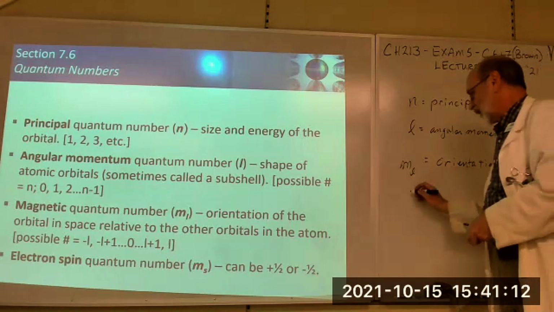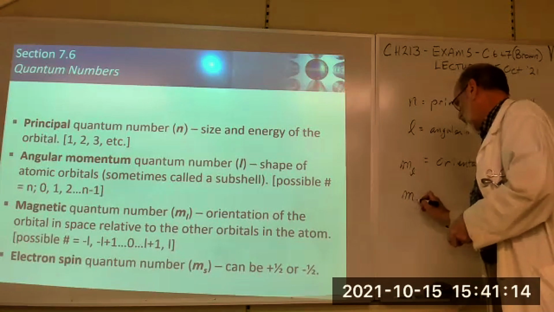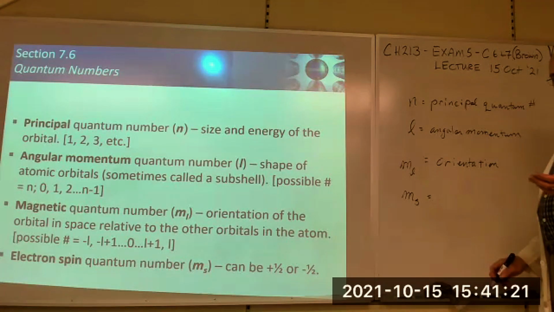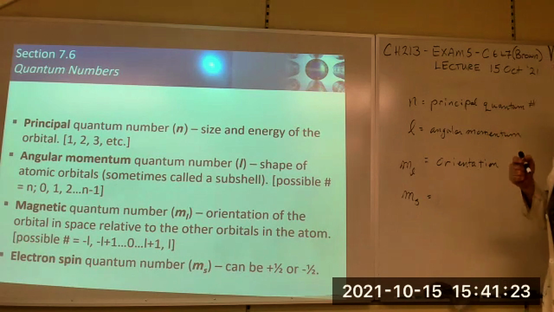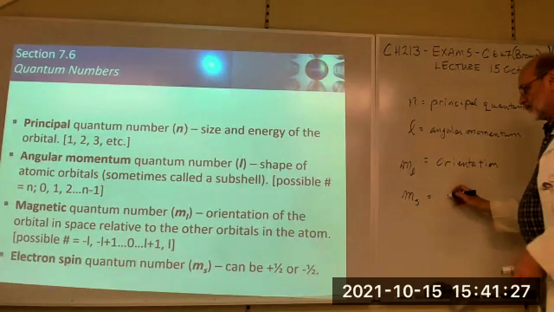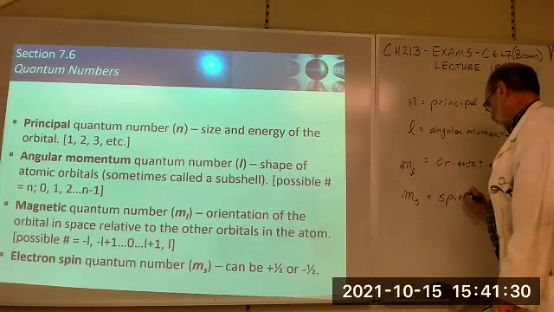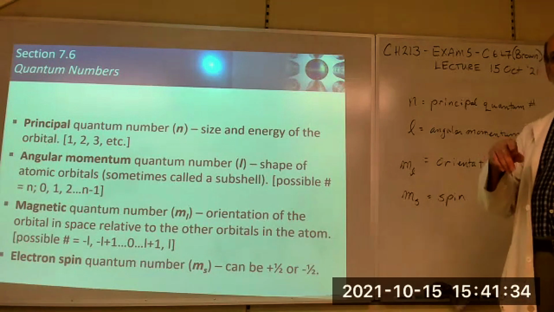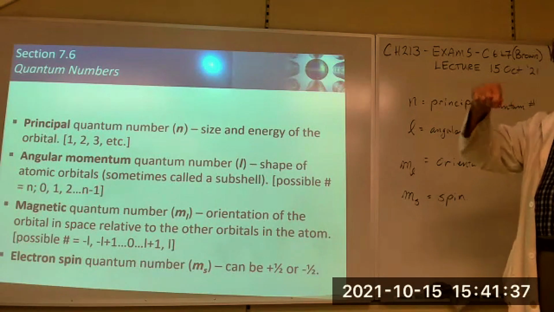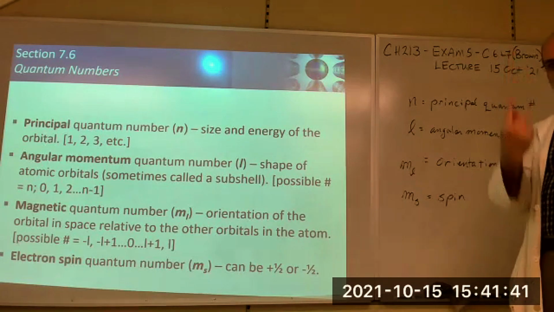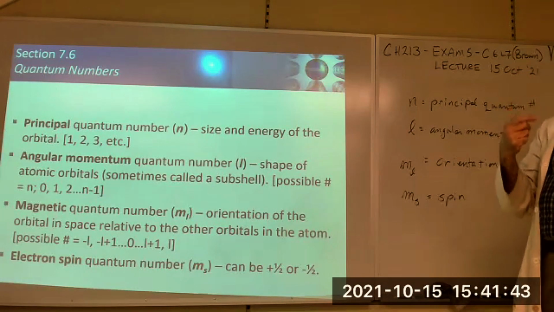And then there's the electron spin quantum number. This refers to the angular momentum of the electron, not the angular momentum from before. If you think of a spinning top, it's difficult to move because its momentum is directed along the axis of the spin.